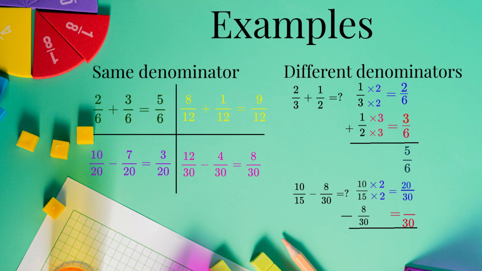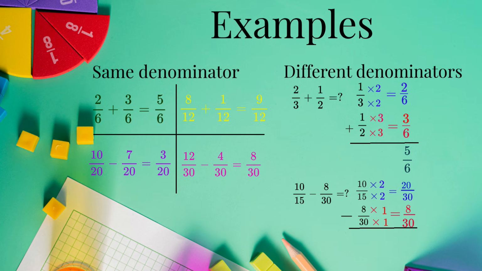For 8 over 30, 1 times 30 gives me 30. So if I multiply it by 1 in my denominator, I must multiply by 1 in my numerator. So 8 times 1 equals 8. So that fraction becomes 8 over 30.